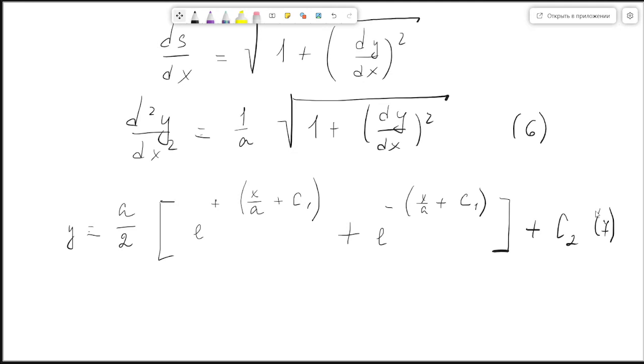The graphs of all the functions thus obtained are called catenaries.